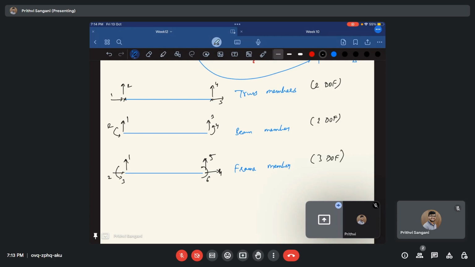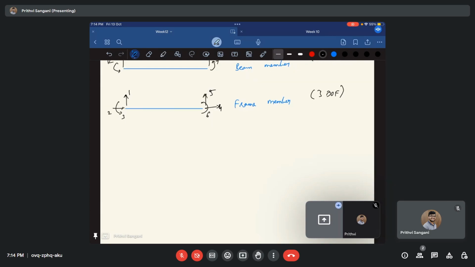A spring can either be pulled or compressed. So what about the beam? For the beam, you can have a shear coming there, and also you can have a rotation happening in the beam, right?